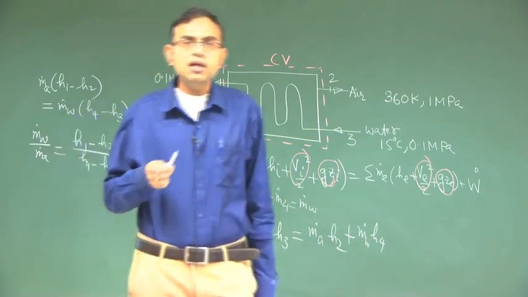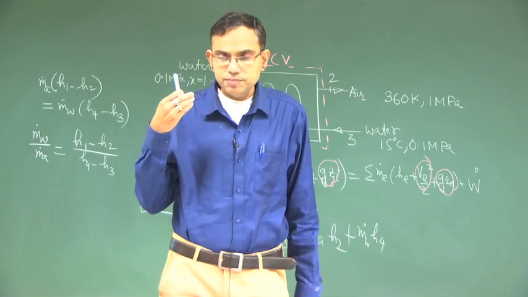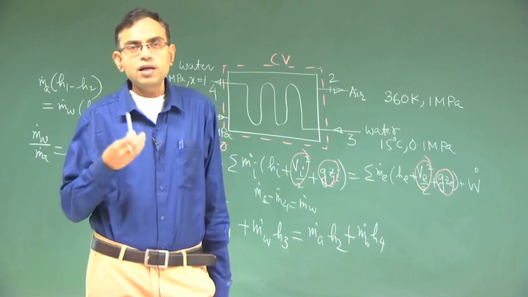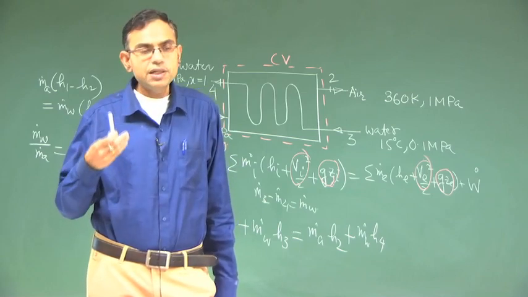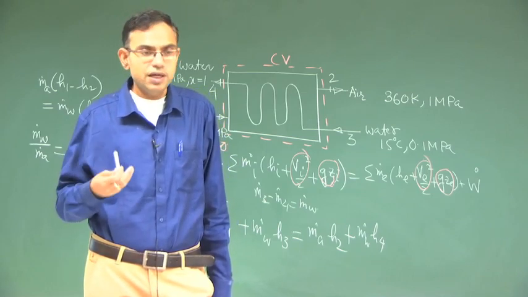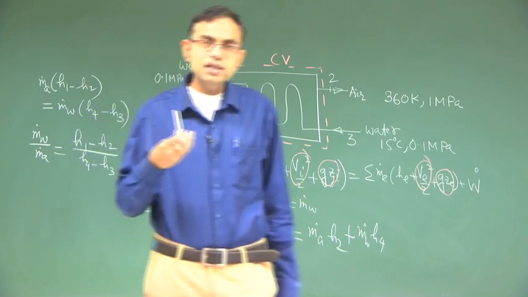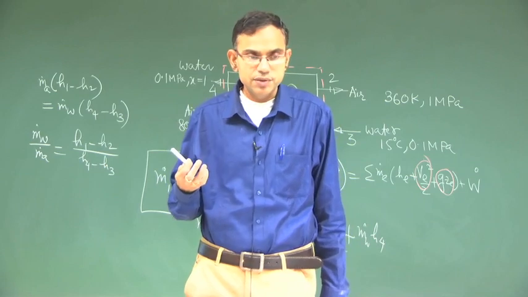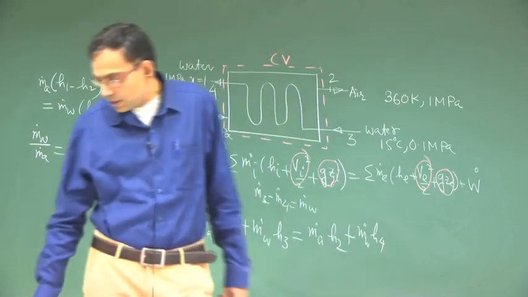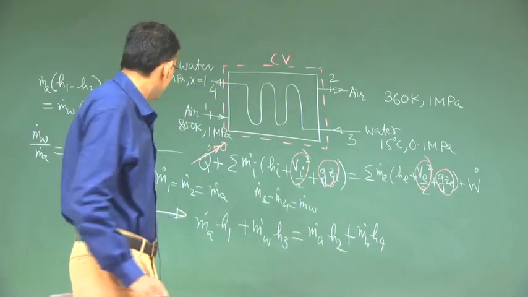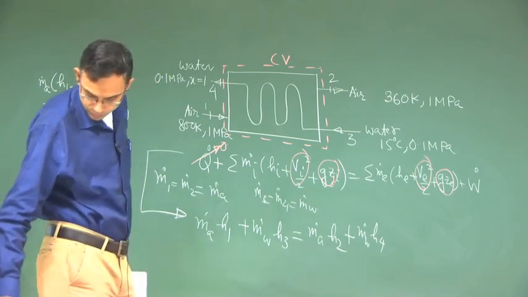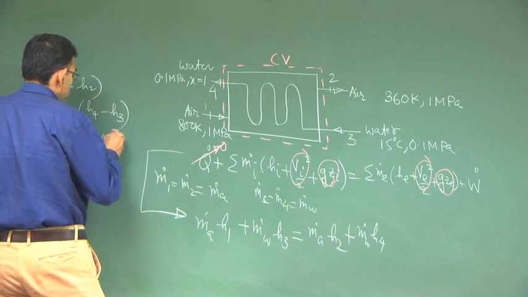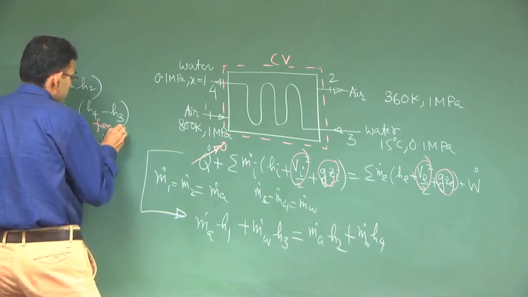In the appendix of any book of thermodynamics, you will find that in the property tables you also have properties of air, and there it is assumed that air is an ideal gas, but CP, CV may not be constant. So, then you can get H1 minus H2, H1 and H2 both from the air table.